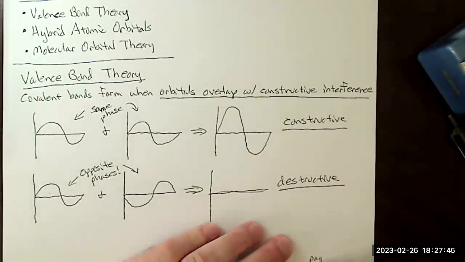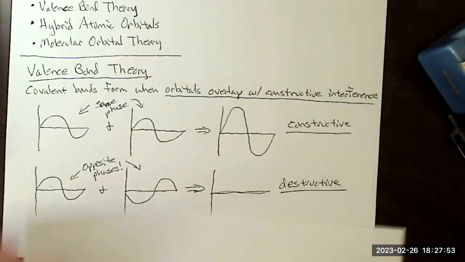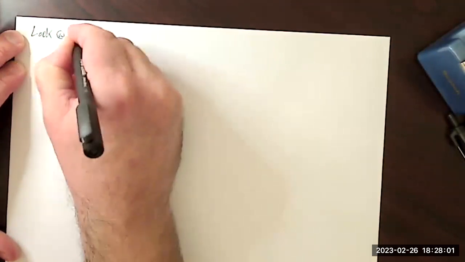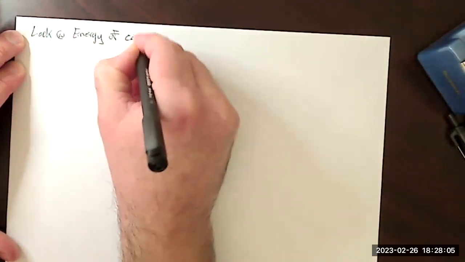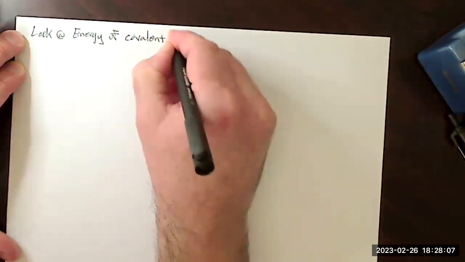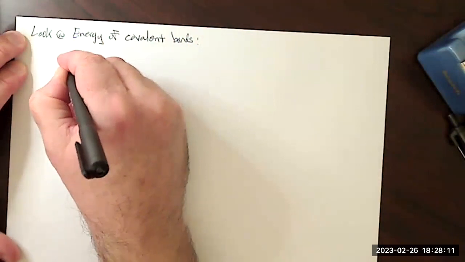Now, in particular, we can look at the energy of these bonds. So let's take a look at the energy of covalent bonds. I like to draw diagrams.